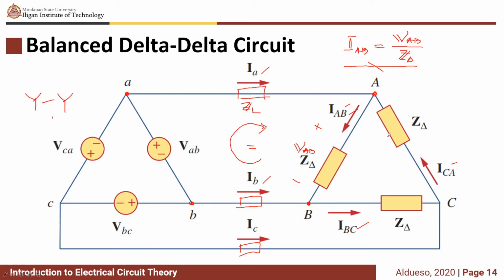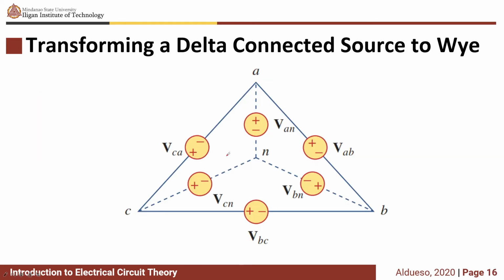Same as with a delta connected load, we can transform a delta connected source to its equivalent Y connected source. So looking at this figure, we have a delta connected source. We have VAB, VBC, and VCA. We can convert them into a Y connected source. So we have VAN, VBN, and VCN.